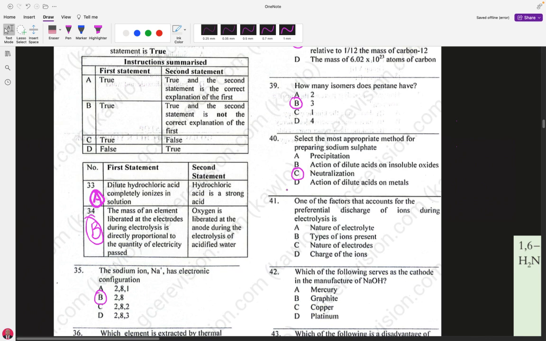Remember, the most reactive metals will displace those below, so the ones below will be displaced. So the factors that would definitely be taken into consideration in electrolysis are the nature of the electrolyte and the nature of the electrodes.